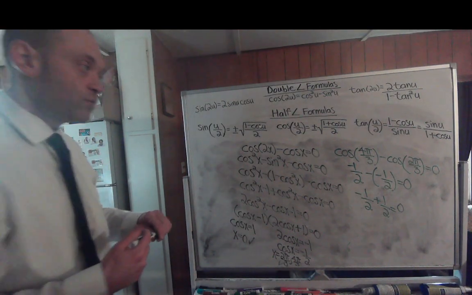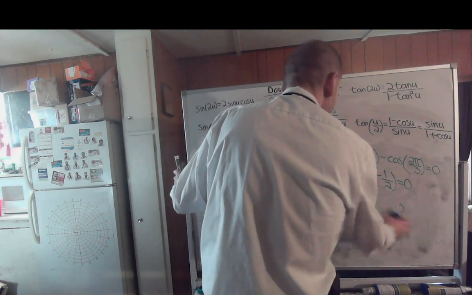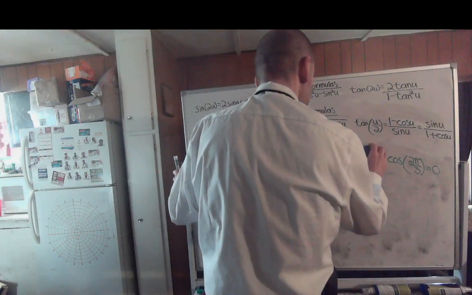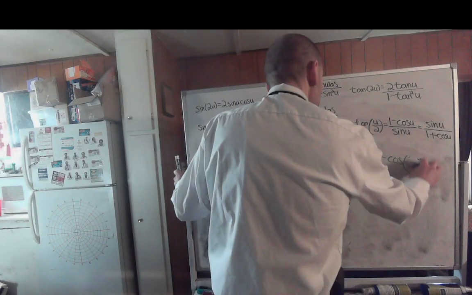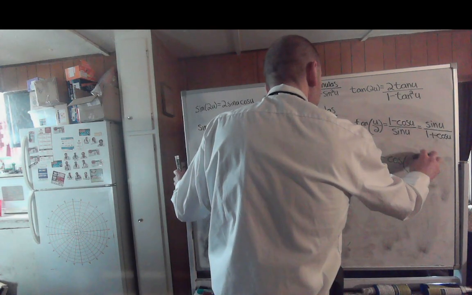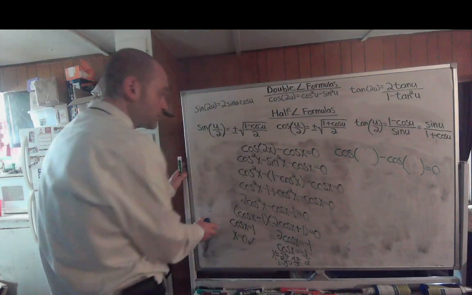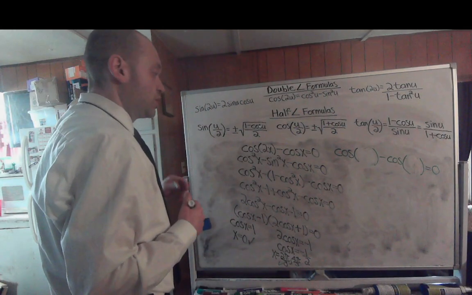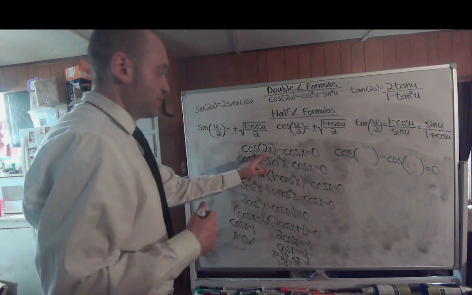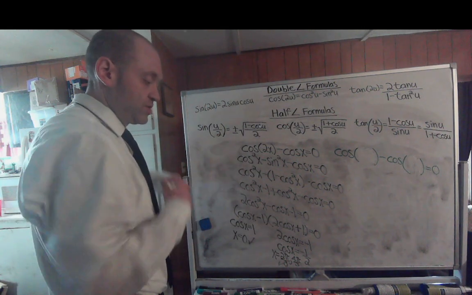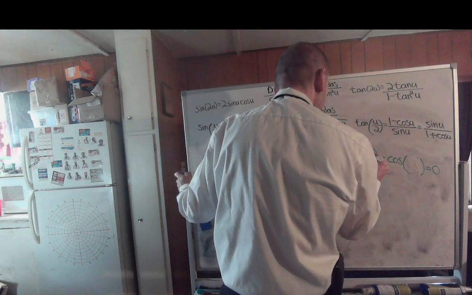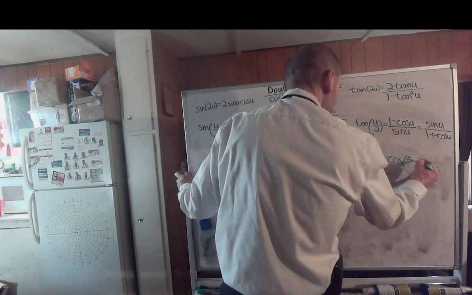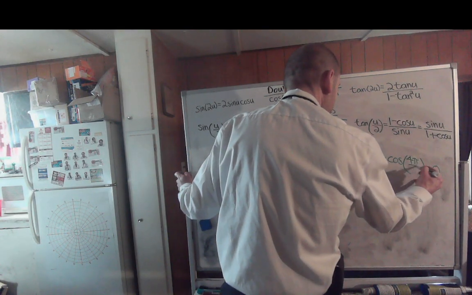Now we need to test 4 pi over 3. If we put in 4 pi over 3 in the original equation, 2 times 4 pi over 3, you would get the cosine of 8 pi over 3 minus the cosine of 4 pi over 3.